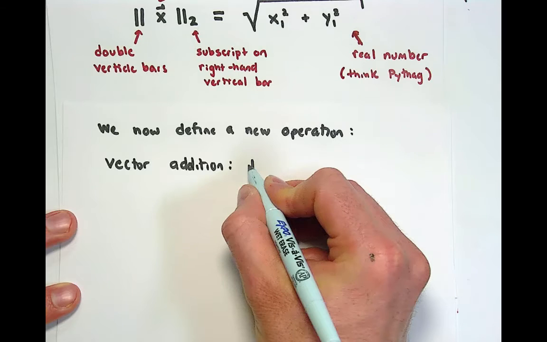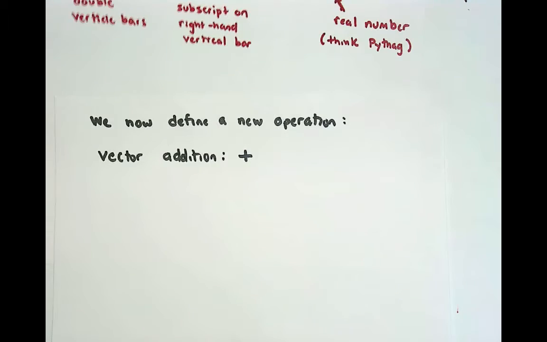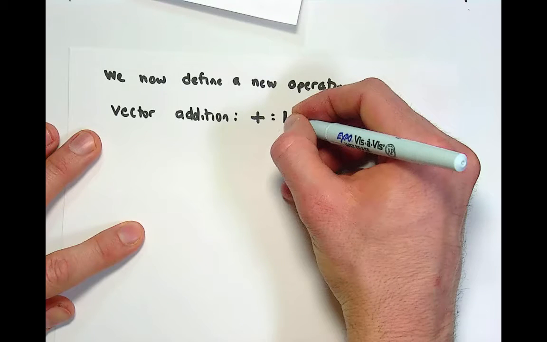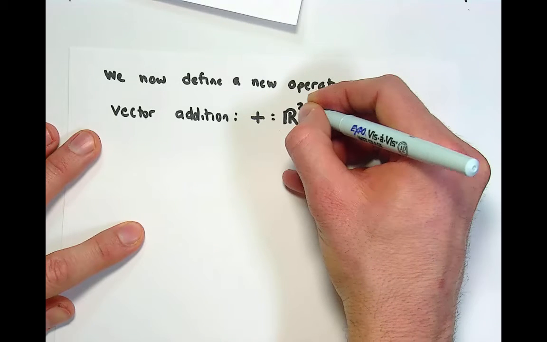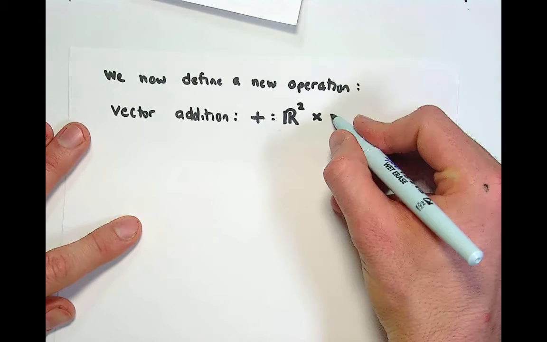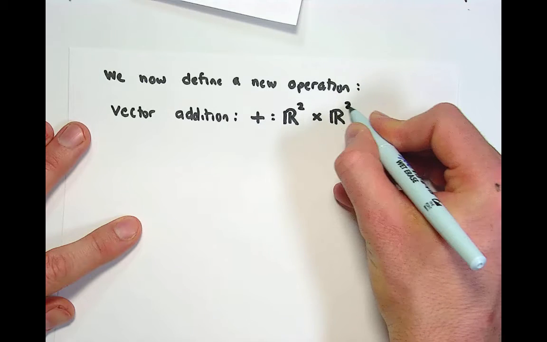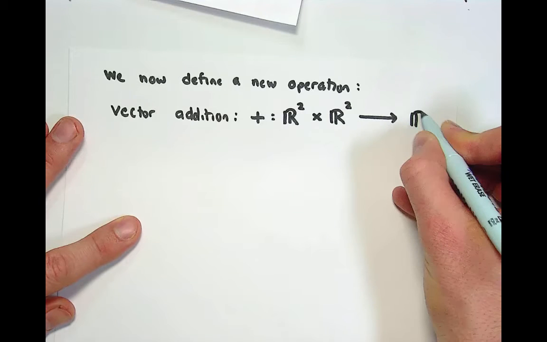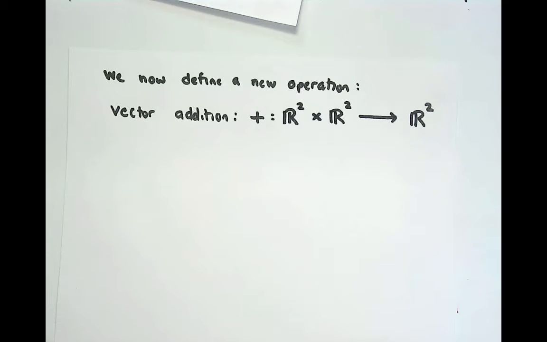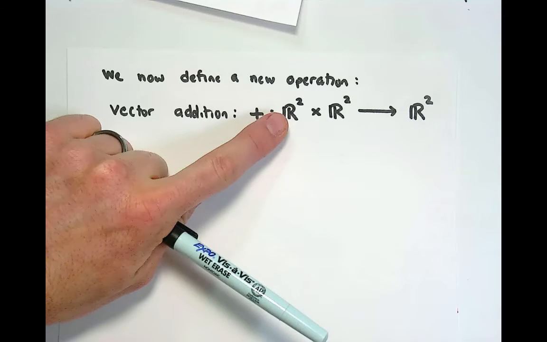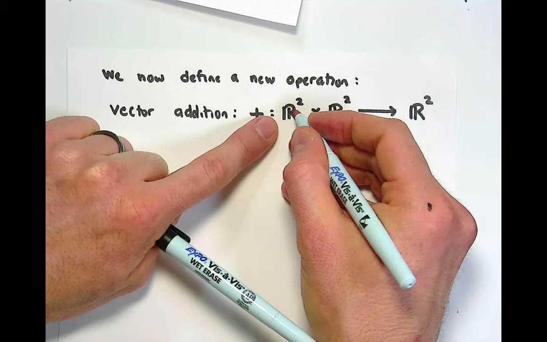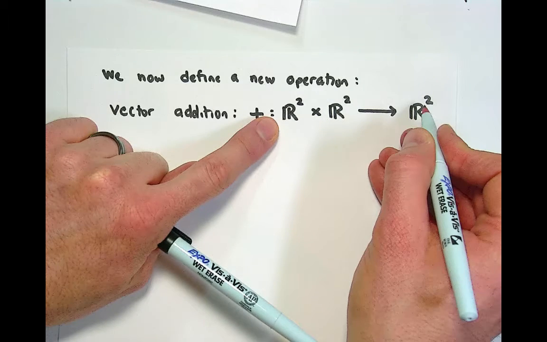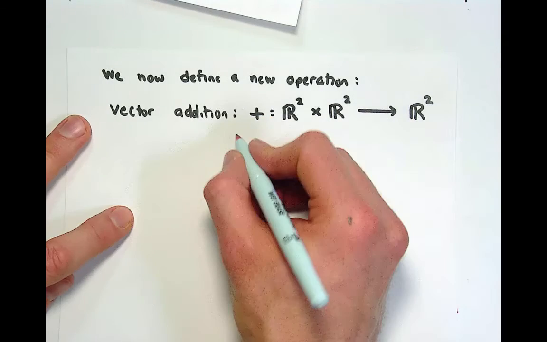And this is going to be pretty crazy. We have an addition symbol, very similar to the addition symbols that we've seen before, except on the left-hand side and the right-hand side of this addition symbol, we're going to put vectors, and we're also going to output a vector. So this says, let addition be a map from a two-dimensional vector and another two-dimensional vector, and then we're going to produce a two-dimensional vector.